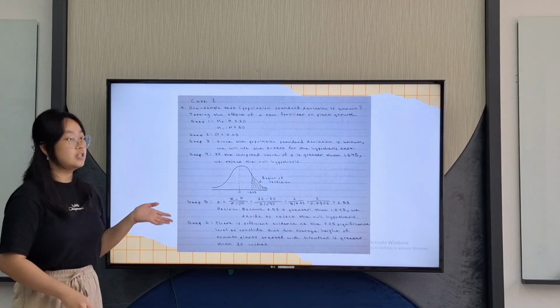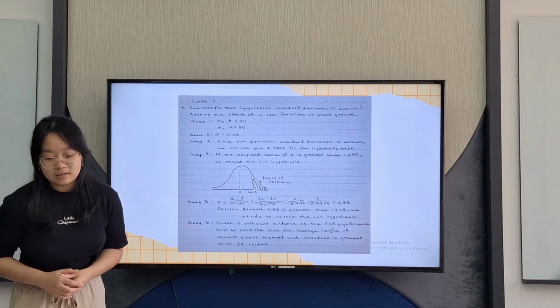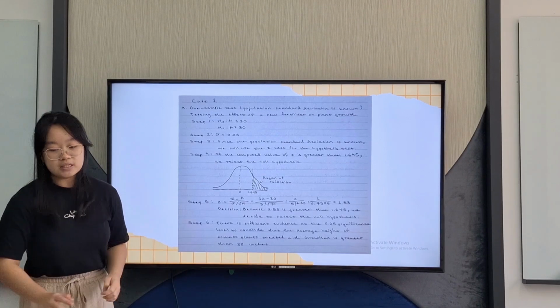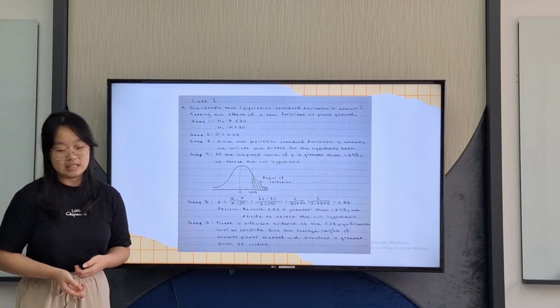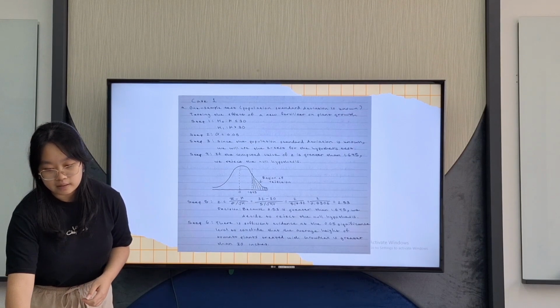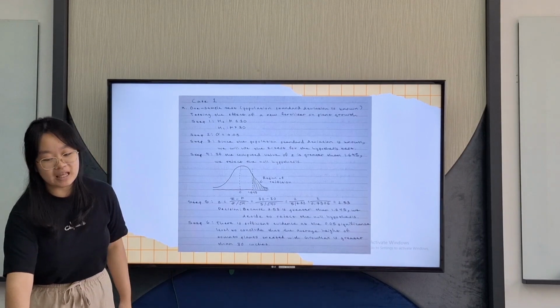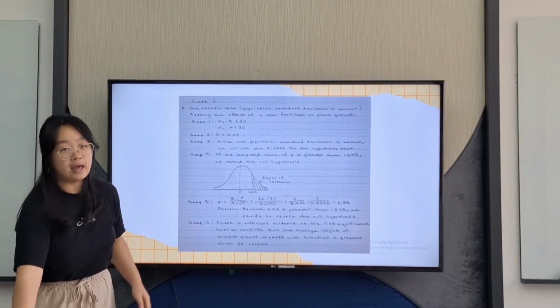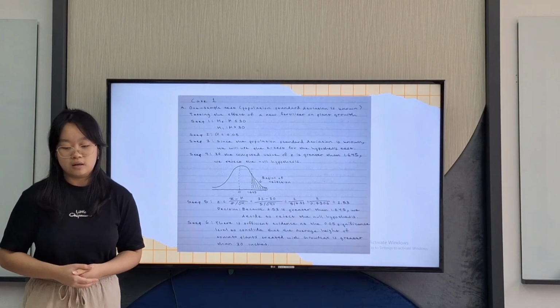This is the solution that we got when calculated manually. The first step is to determine the hypothesis. H0 is mu less than or equal to 30 and H1 is mu greater than 30.